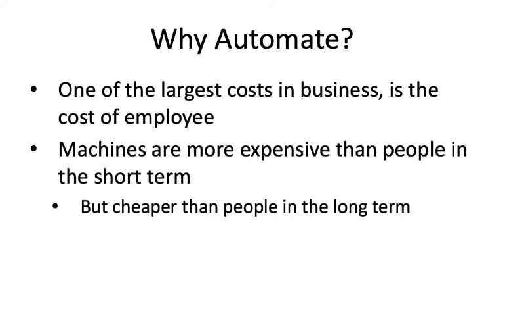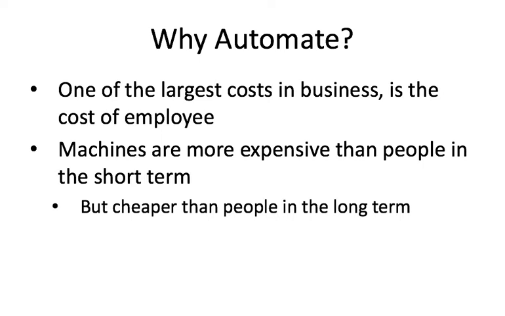And if a machine is able to do the work that the worker would be doing, while the machine, when you first buy it, is more expensive than hiring an employee, in the long term, that ends up being cheaper.